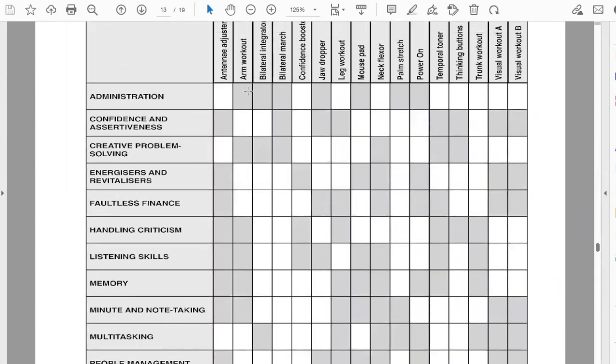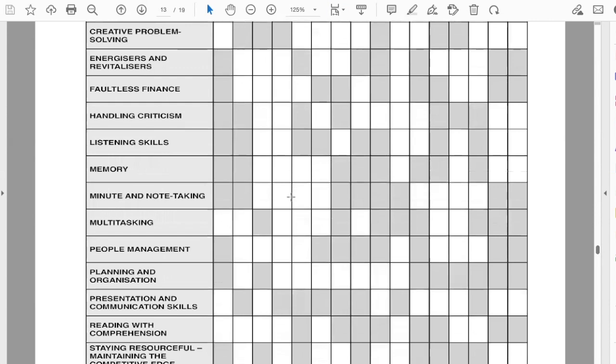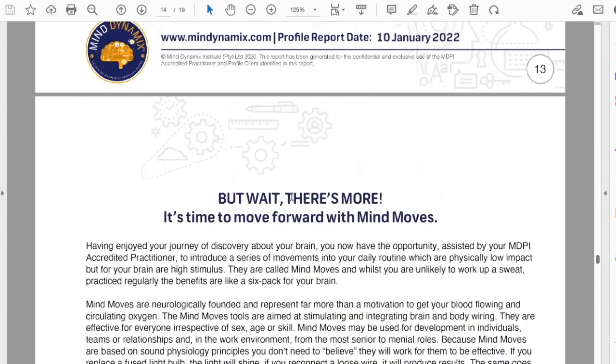And the whole point of providing these shaded gray areas is that the mind moves have benefit for more than one application. So if you choose them correctly, just with 2 mind moves, you can address a whole lot of expertise that your client may be wishing to develop.